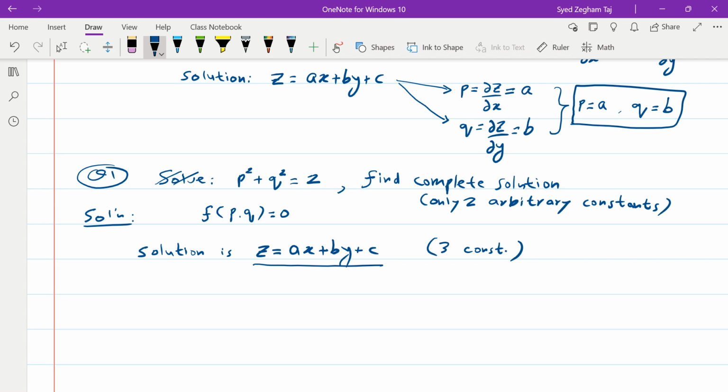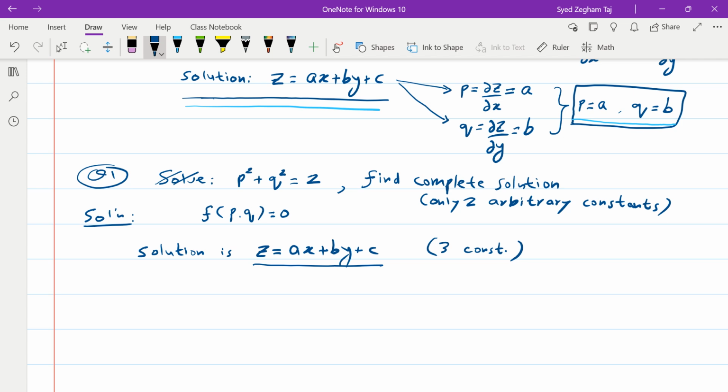If you remember, when we were discussing the solution z is equal to ax plus by plus c, we wrote a relationship that p is the same as a and q is equal to b. Now, can we use this relationship to find the complete solution? Yes, of course.